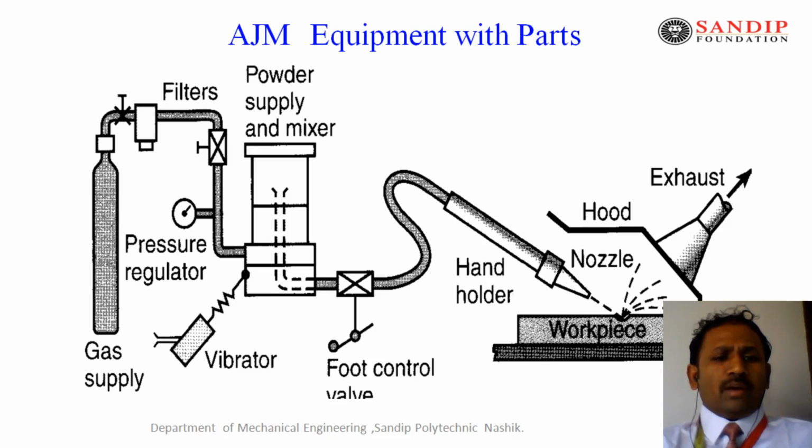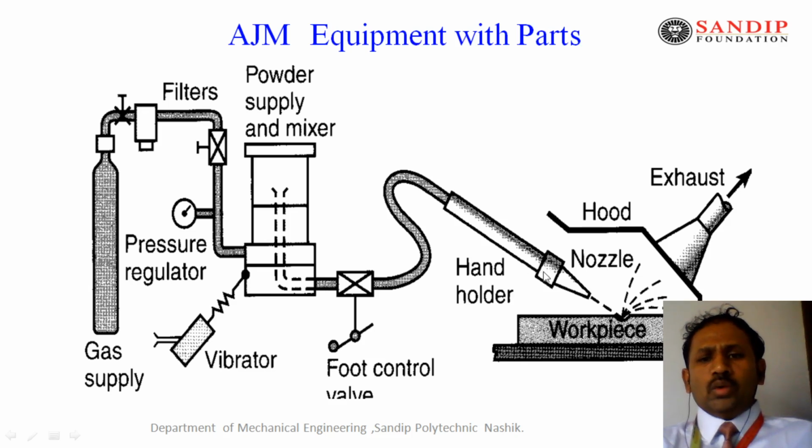That's why a vibrator is provided, to mix the gas plus abrasive properly and uniformly. Then it is passed through the hose line, which is connected to the nozzle. Again a control system is provided, that is a foot control valve, to regulate the flow velocity of the abrasive particles.